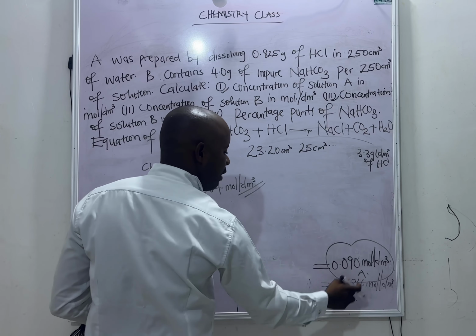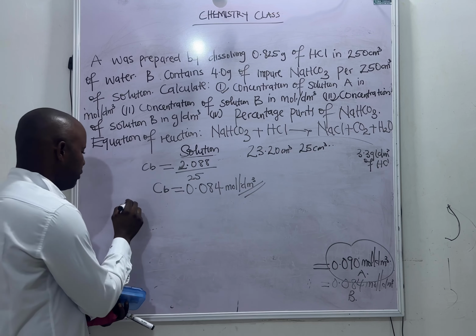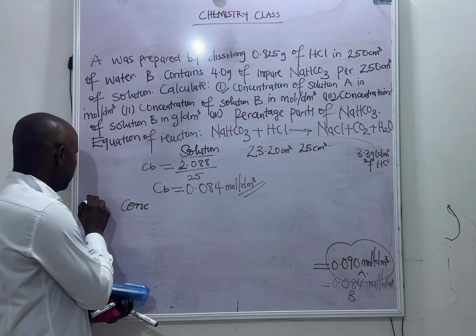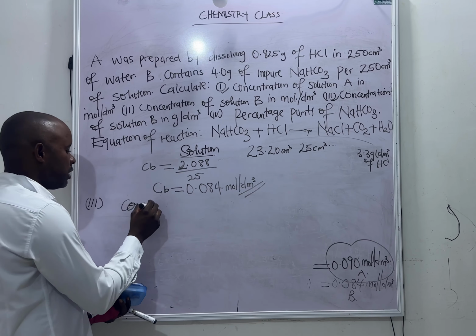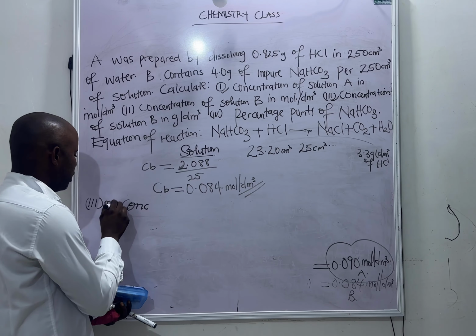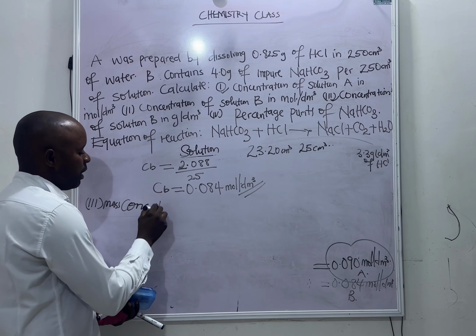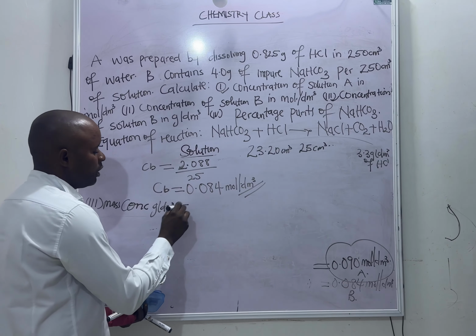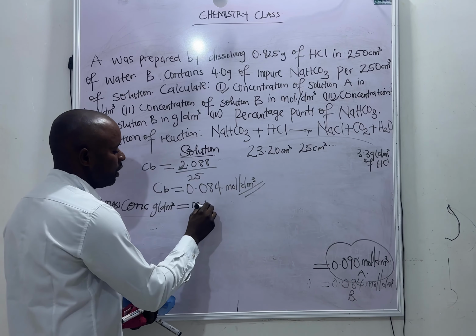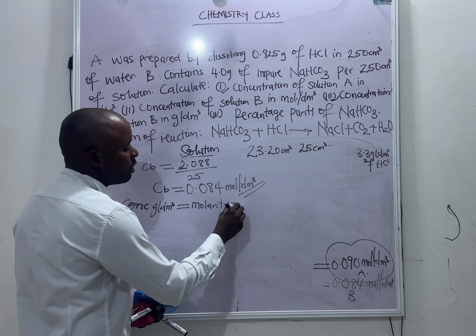Since we have these values, we can solve for this. Mass conc in gram per dm cube is equals to molarity times molar mass.